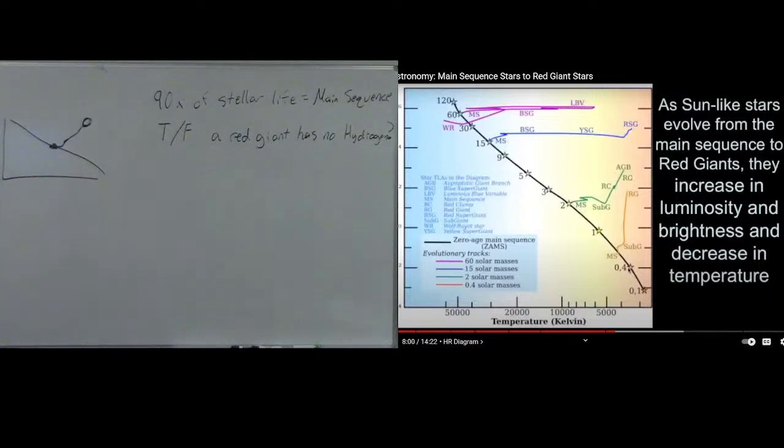They're saying this is the main sequence. Down here we'd have the red dwarfs. Up there you'd have the blue giants. Our sun would be right here. Every star is somewhere along this black line for 90% of its lifetime. But then, after the fusion of hydrogen to helium ceases, what happens to it?